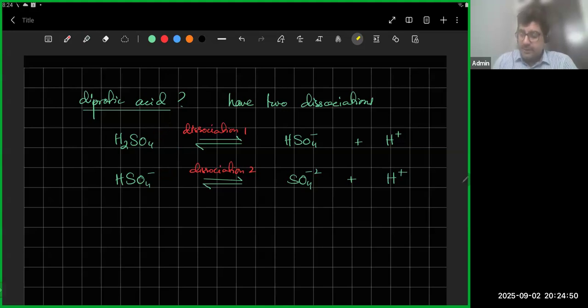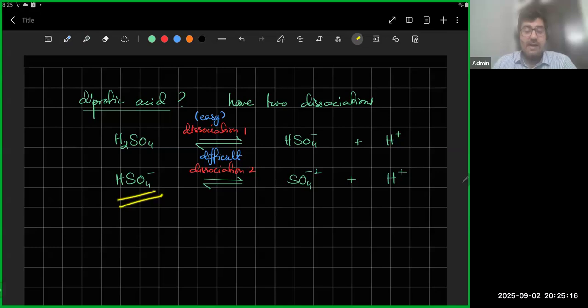The first dissociation is the one that is easy. Okay, now listen to this carefully. This one is going to be easy. The second dissociation is going to be very, very difficult. Why? Because it would be very hard for the HSO4- ion to lose an H+ ion because it's now a negative ion, right?